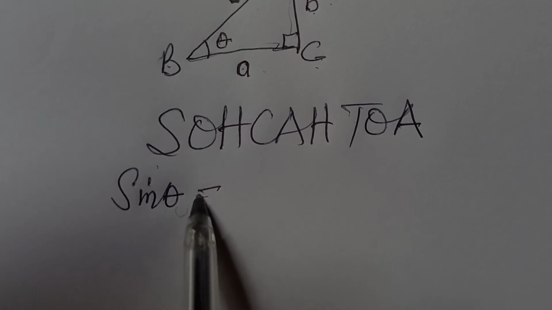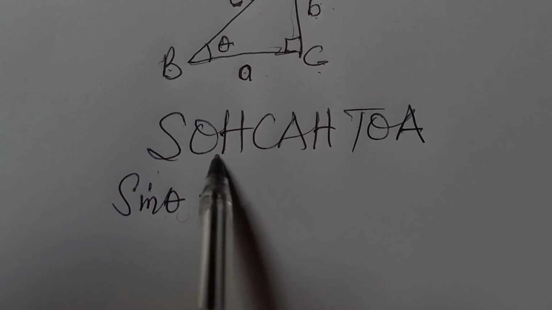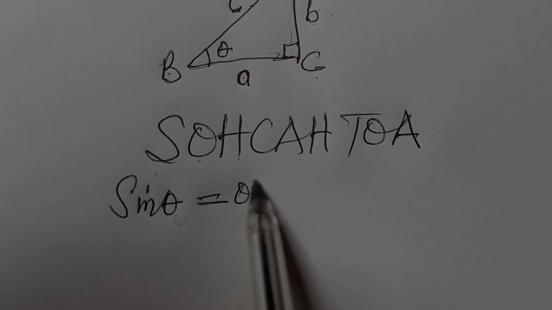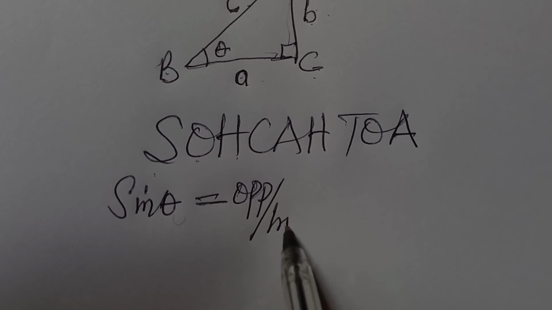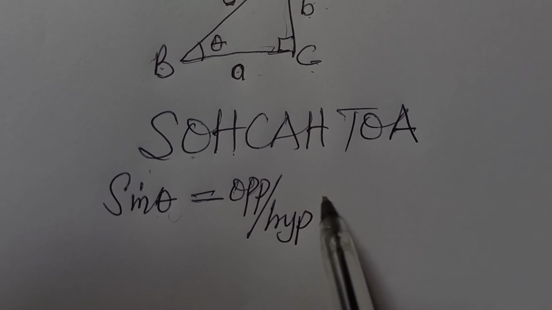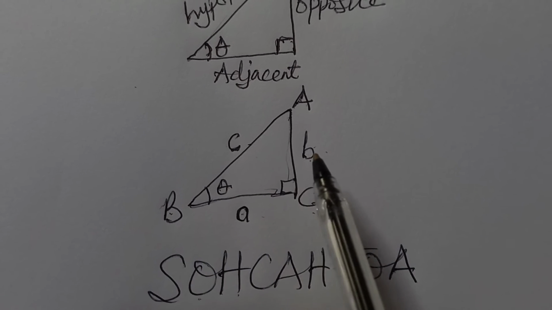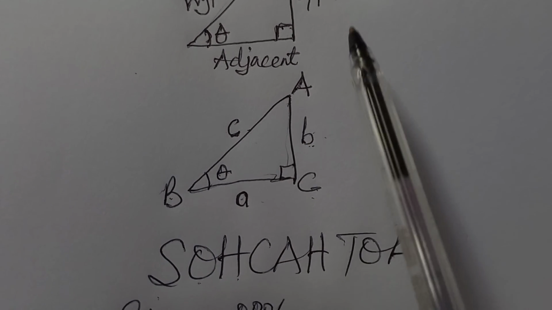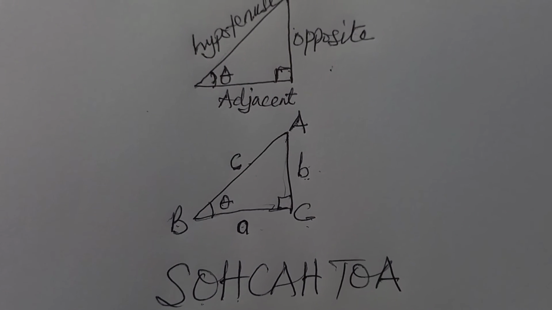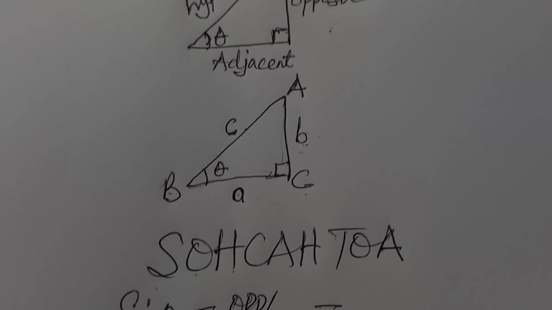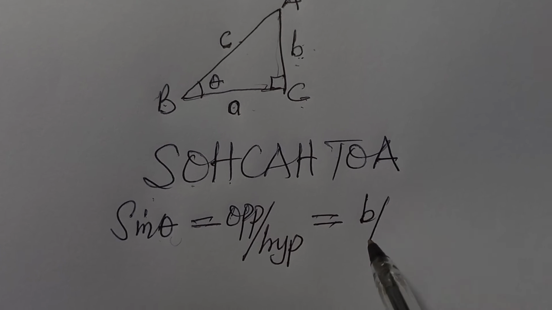This sine theta is from the acronym opposite over hypotenuse. Let's put it in its short form. If you check the ABC parameter, you can see that b is taking the position of opposite and c is taking the position of hypotenuse. So I can also represent it as b over c.